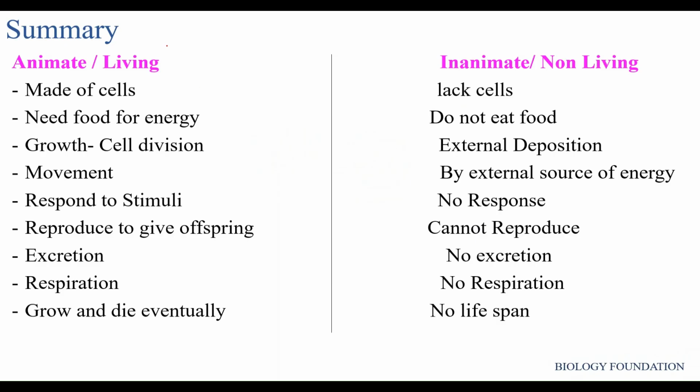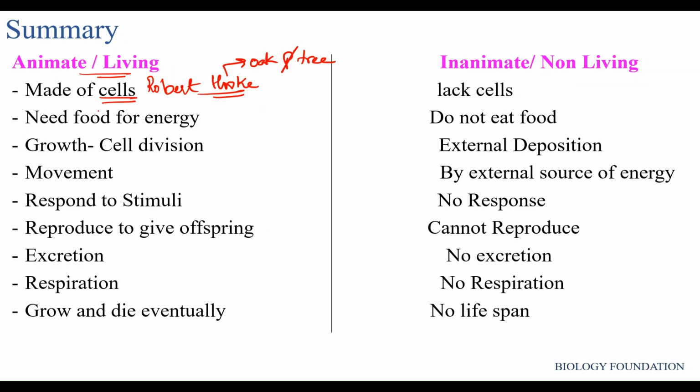So basically living organisms are made up of cells, and the term cell was given by Robert Hooke. Hope you remember, the credit should be given to Robert Hooke. He first observed these cells from an oak tree. Okay, I'm sorry, not plant, oak tree.